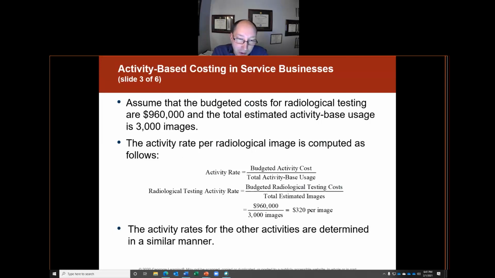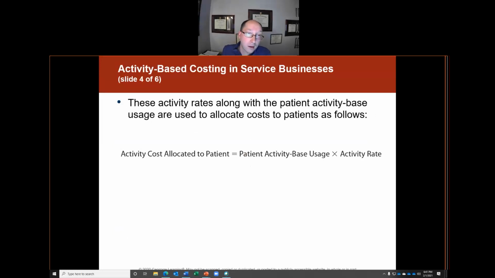So just like before, you take the total budget, in our example, 960,000, divided by the number of units that are expected. In this case, images. 960,000 divided by 3,000 images gives us an activity-based rate of $320 per image. And you'd apply that same concept for each activity, right?